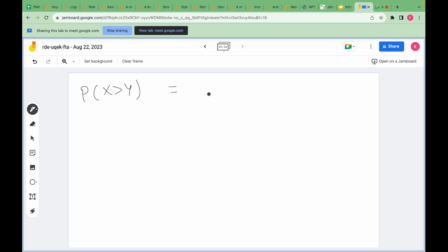We know the joint probability distribution, so we can do it using this fxy(x, y) dx dy, where x is varying from y to infinity and y is varying from 0 to infinity.